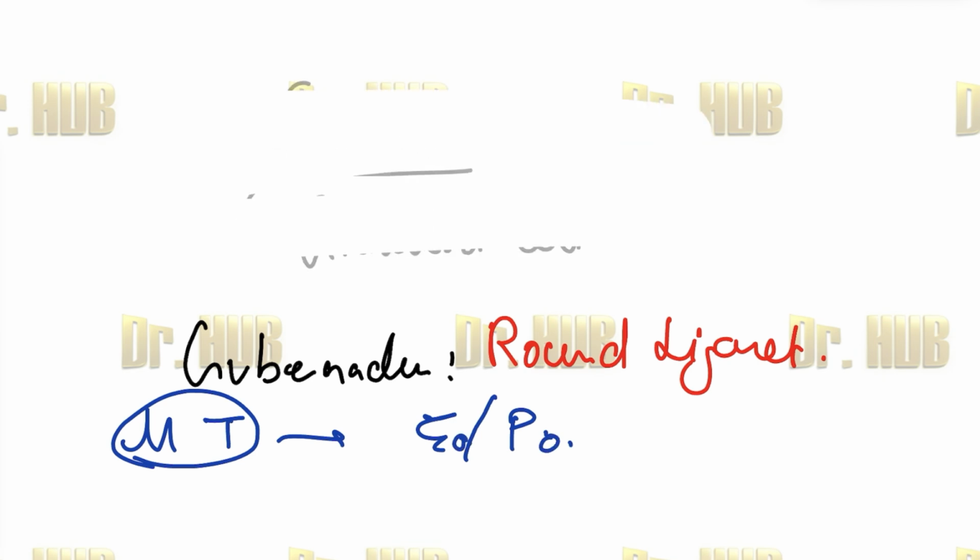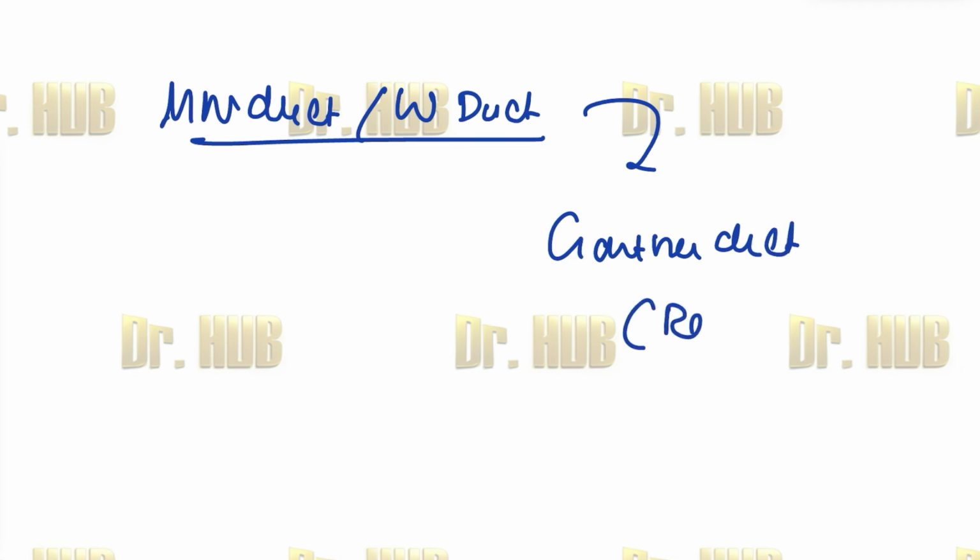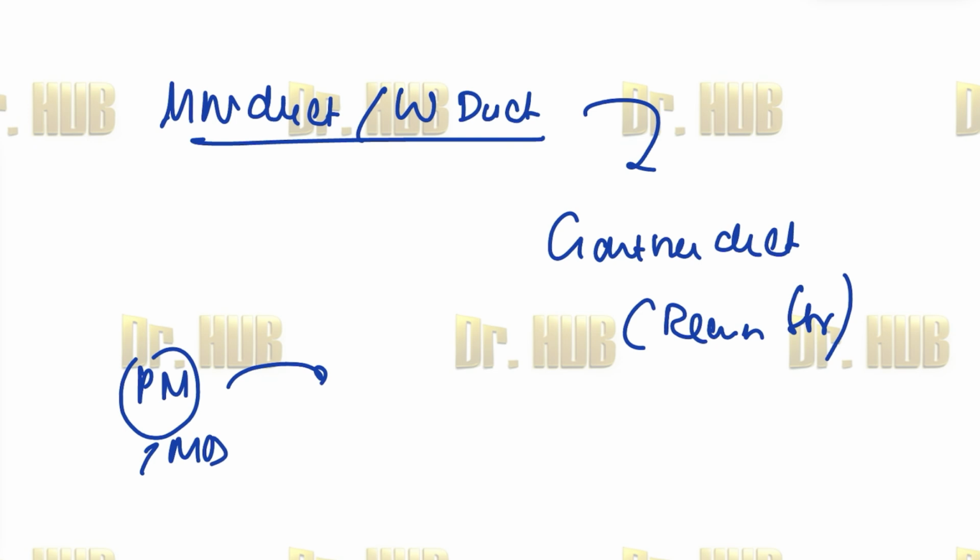Next, talking about the mesonephric duct. Mesonephric duct or the Wolffian duct gives rise to the Gartner's duct. Gartner's duct is nothing but a remnant structure. Lastly, we talk about the paramesonephric duct, or the Mullerian duct.